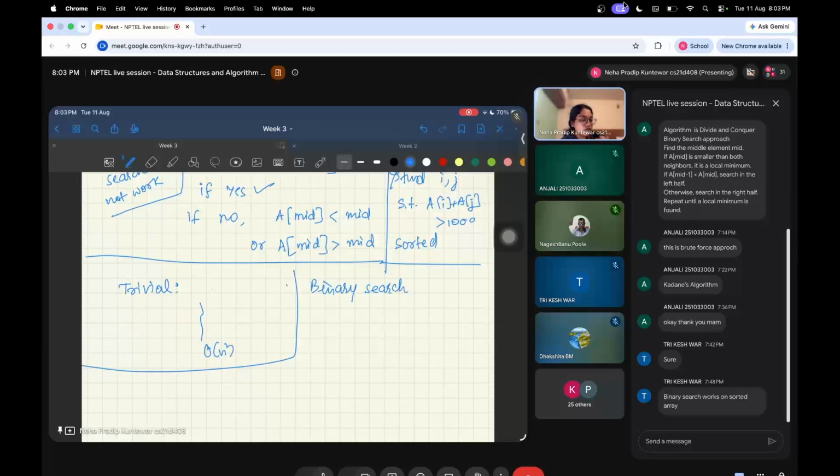Okay, so you look at mid. If your mid is greater than 500, then there is something which is of value at least 500, so you have a pair whose sum is larger.